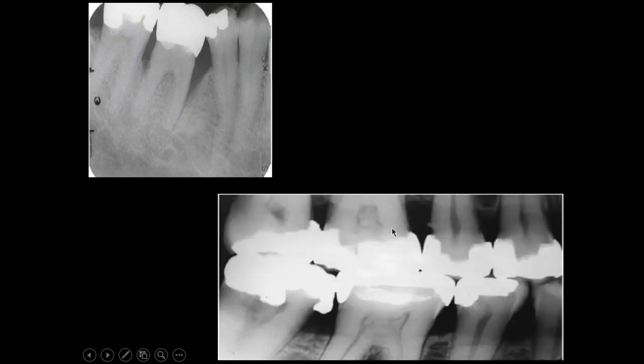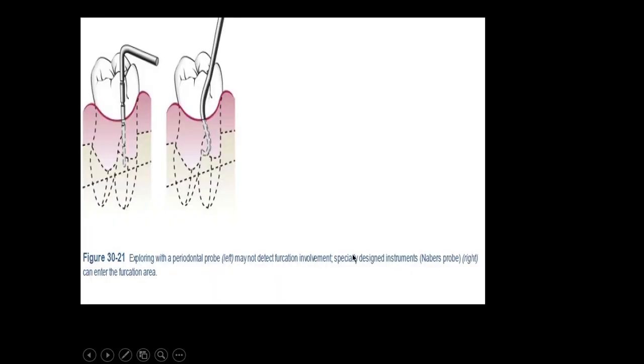When we draw a line like this, it will form an angle with the line of the crest, so it is an angular bone loss. But here, when we draw a line between this CEJ and this CEJ, it will be parallel to the crest, so it is a horizontal bone loss.